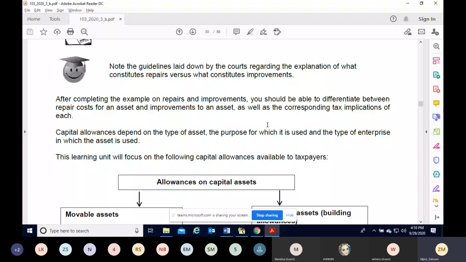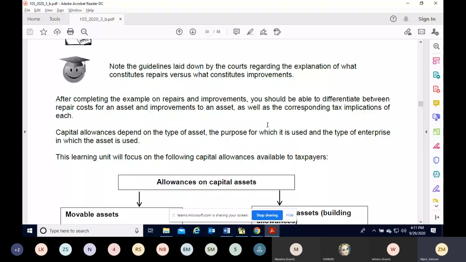So a repair is different from an improvement. Why? Because an improvement is a creation of a better asset. You are actually making a better asset, improving the original one that was there. This has been taken through to the courts, where the concept of repair and improvement has been seen as vague.